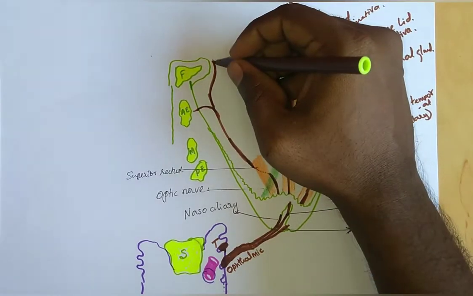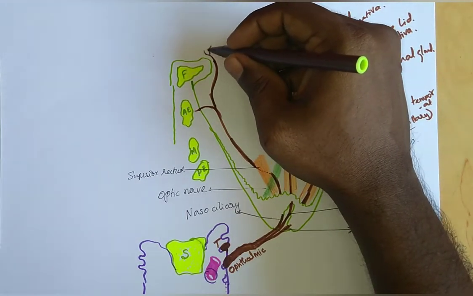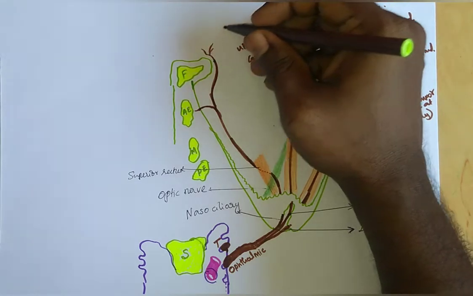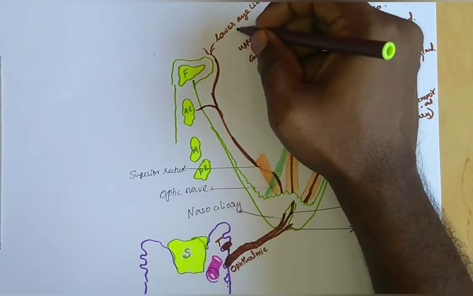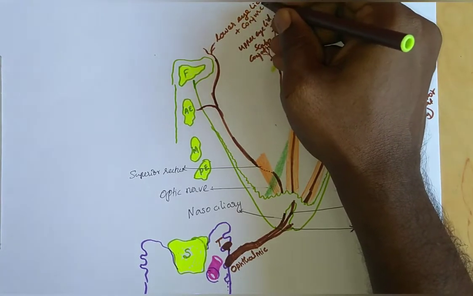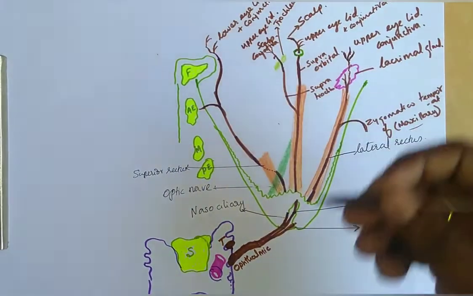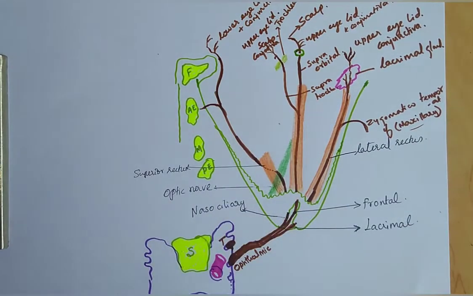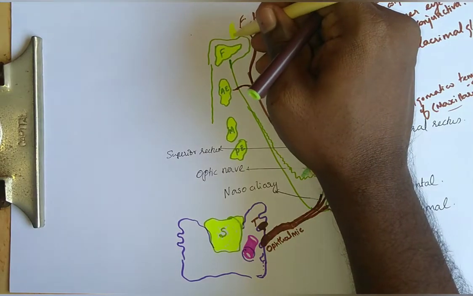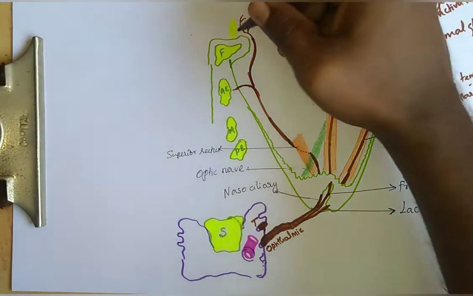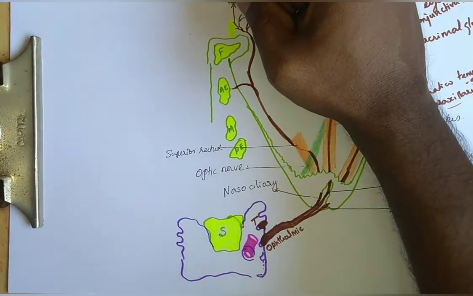The infratrochlear nerve will be supplying the lower eyelid, the conjunctiva of the lower eyelid, and also part of the upper eyelid, on the medial aspect of the upper eyelid. It also gives branches to the lacrimal sac and the lacrimal caruncle.